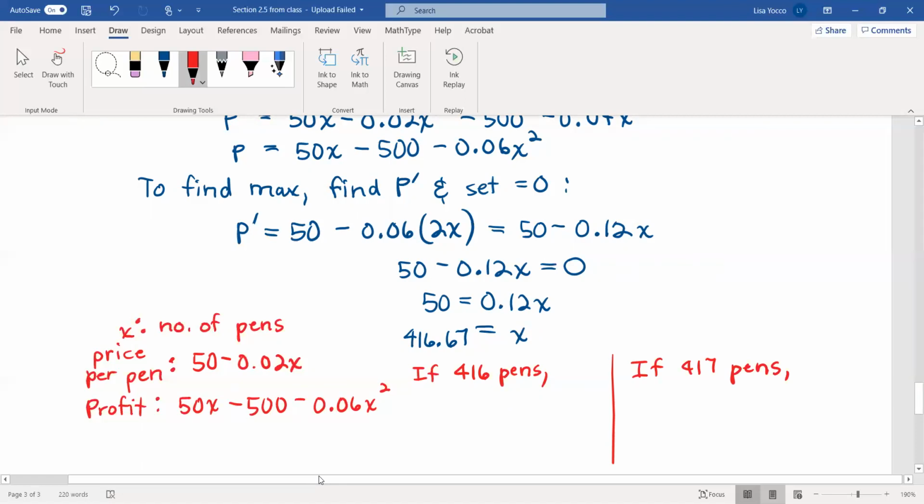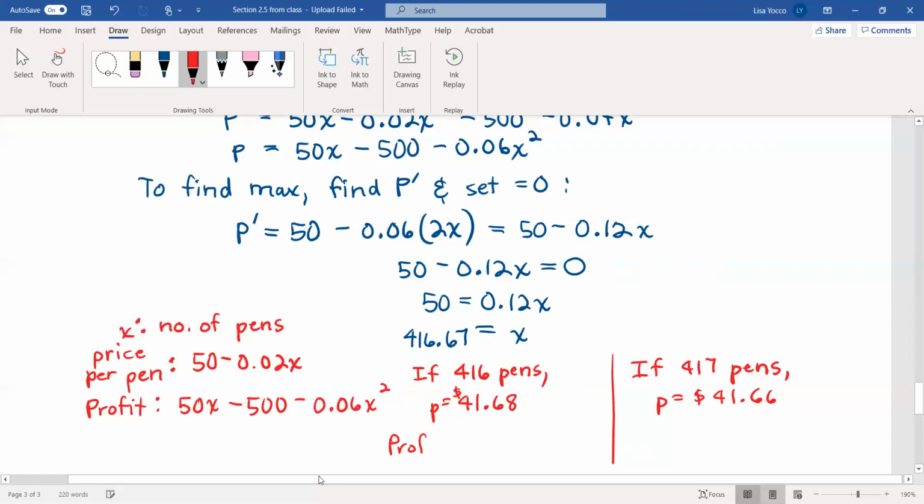All right, so 50 minus 0.02 times 416 is $41.68. That's a little p. That's the price per pen. If it's 417, the price becomes $41.66.